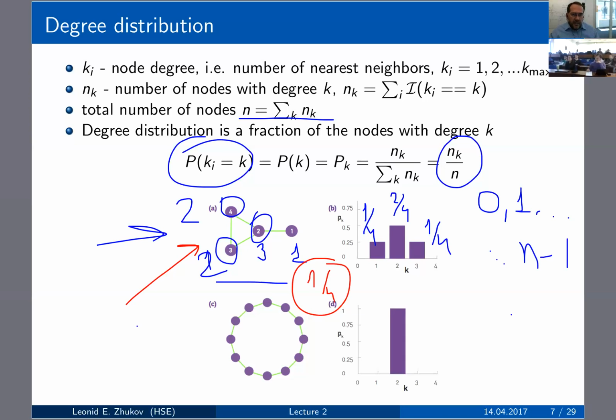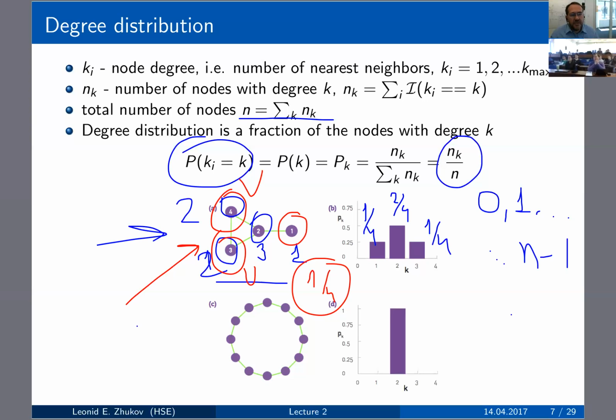Now, let's see, how many nodes of degree 1 are in here? It's just 1 node. So what's the probability that we select a node with degree 1? Well, it is 1/4. How many nodes of degree 2 are present in this graph? Well, there are 2 of those. If we're randomly selecting a node, we could select either this guy or this guy, and in both cases, it will be degree 2.